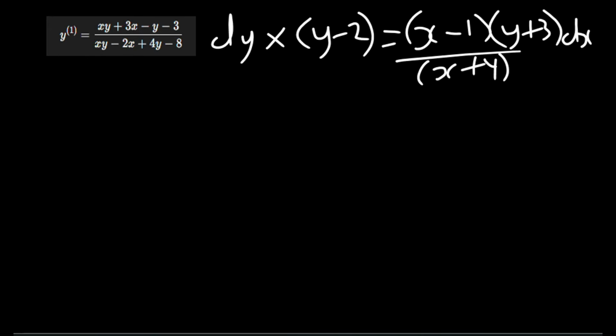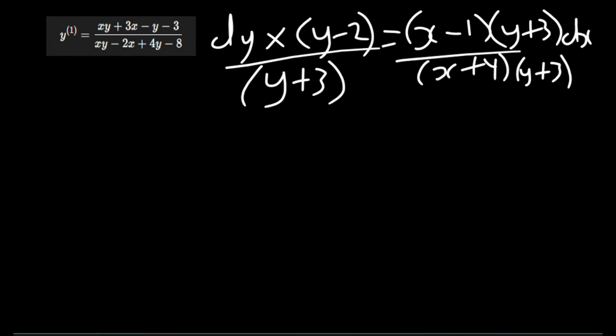Good. So we can divide through again by y plus 3, then we cancel out from the right hand side, so we rewrite this equation nicely.